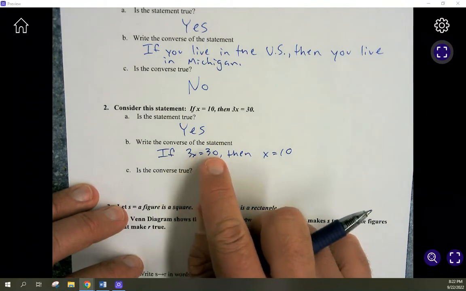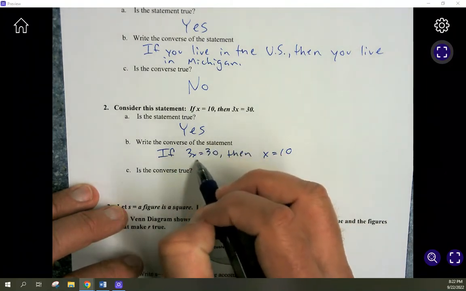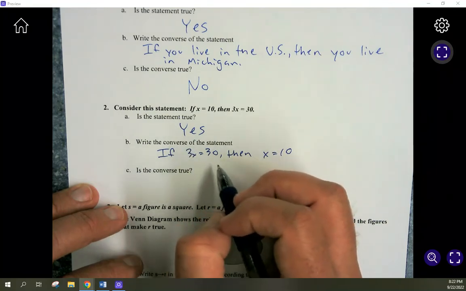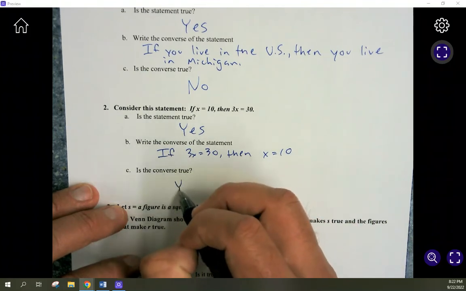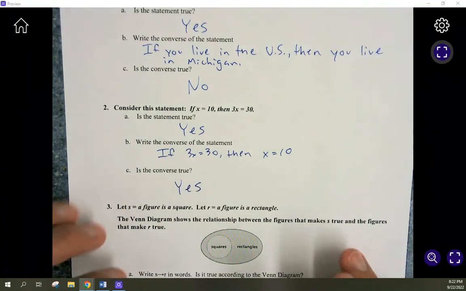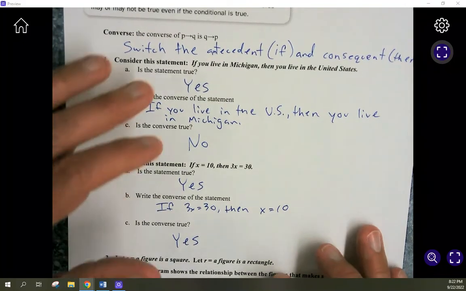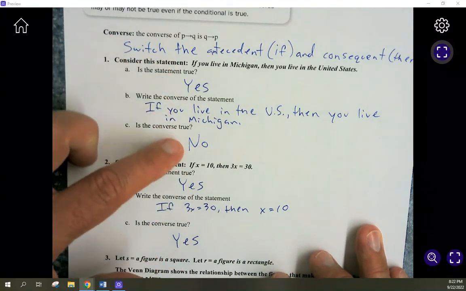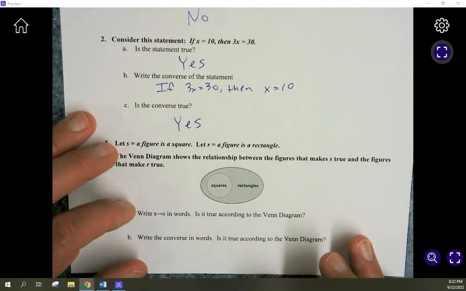Well, if I was going to solve this, I would divide both sides by 3, which would cancel this out, and I'd be left with x equals 10. So is the converse true? Yes. So as you can see, taking the converse does not necessarily always change whether it's true or not. It can be true and become false. It can be true and stay true.